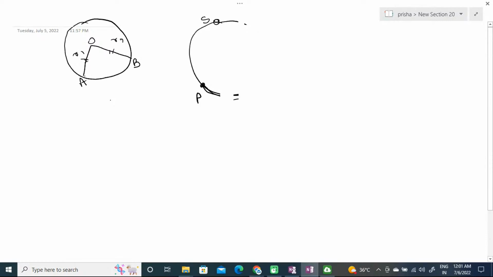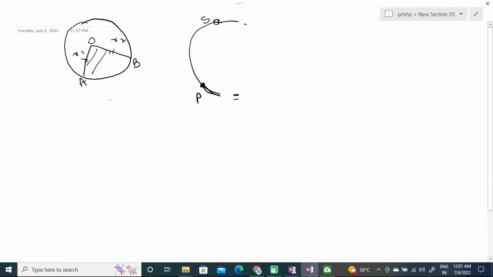For example, this is a circle, and these are the two radii, AO and OB. These are the two radii, R1, R2.